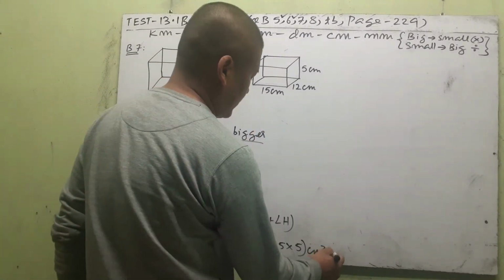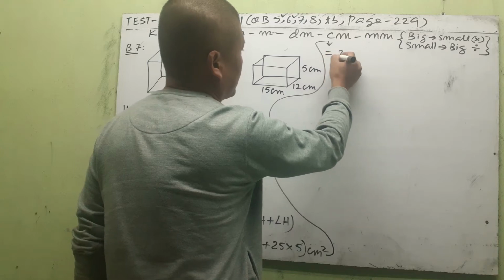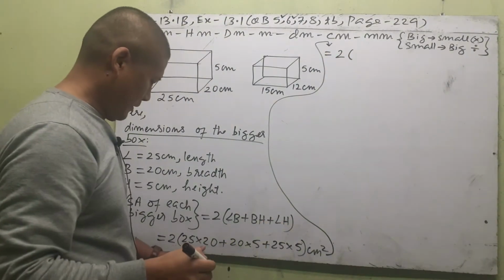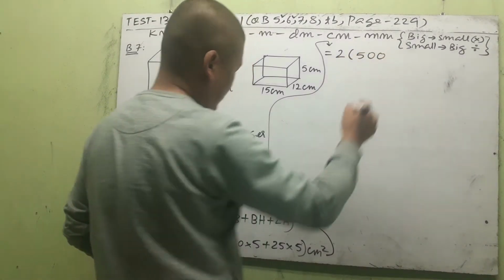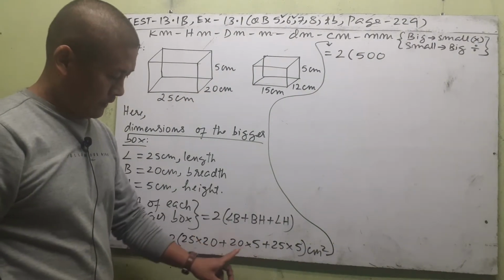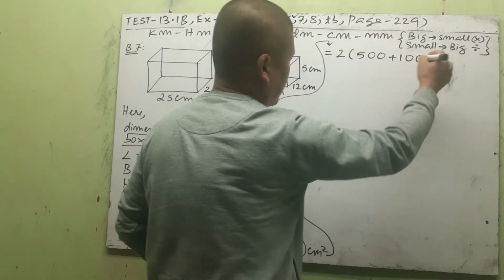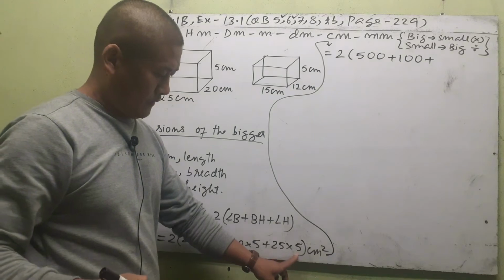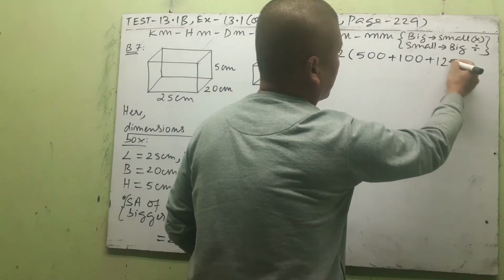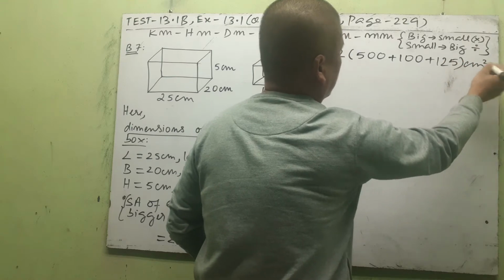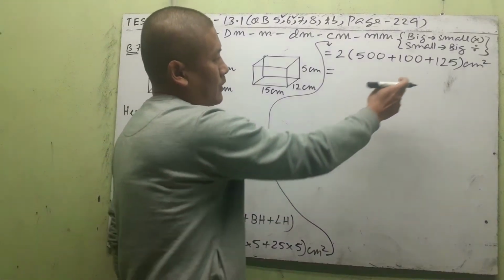So moving from here, 2 into 25 into 2 is 50. And we add that 0 here. 5 2s are 10, so 100. 20 into 5 is 100. 25 into 5, 5 5s are 25, 2s are 10, 11, 12. So centimeter square. 25 into 5, 125.